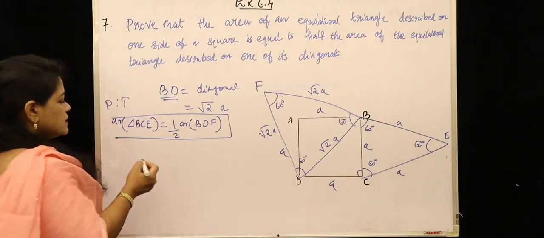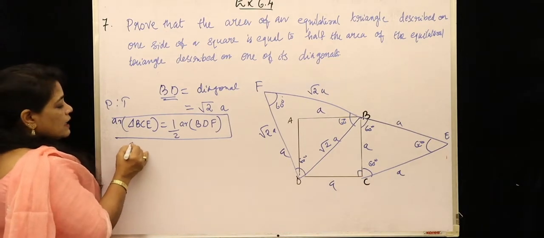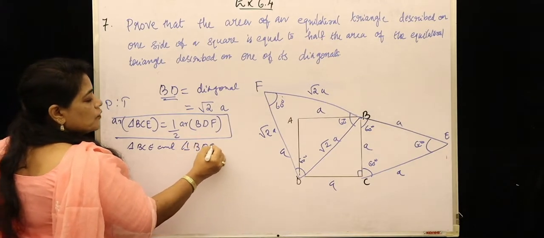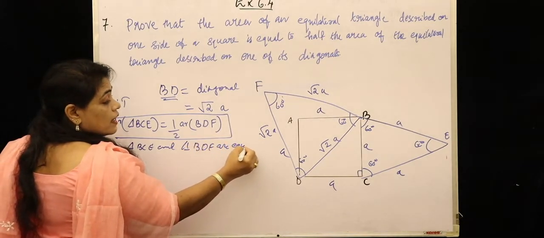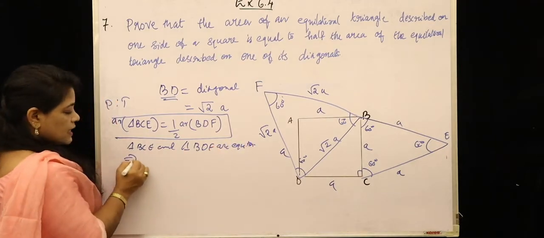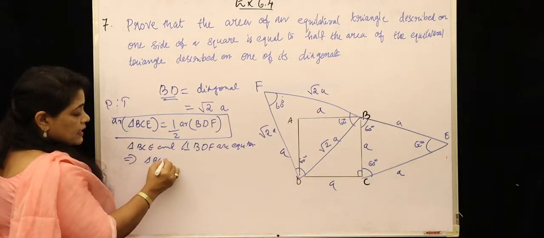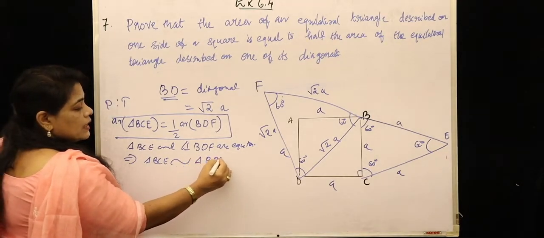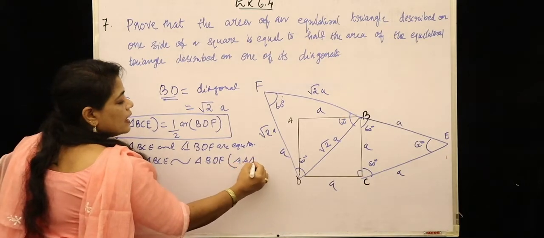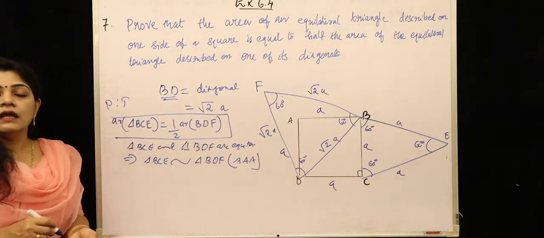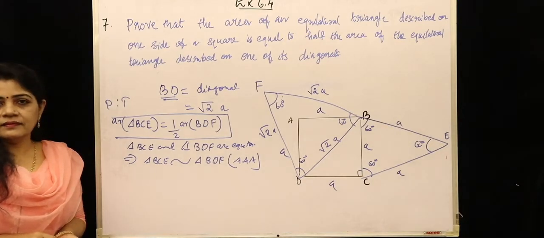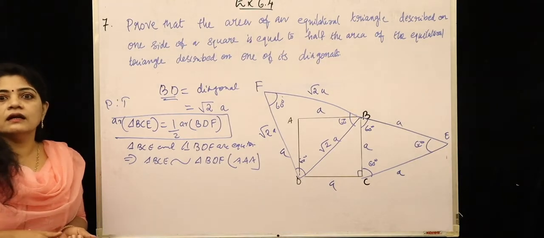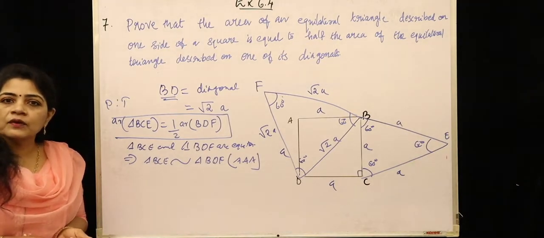So that is the first step. Being triangle BCE and triangle BDF equilateral triangles, this implies triangle BCE is similar to triangle BDF by AAA similarity criteria. Each angle equals 60 degree. If these two are similar triangles, we can apply the area ratio theorem. That is the next step.